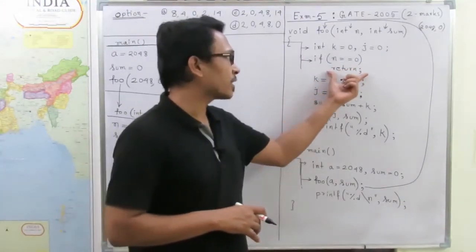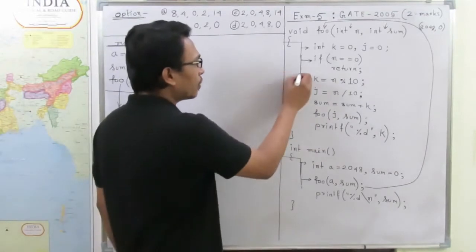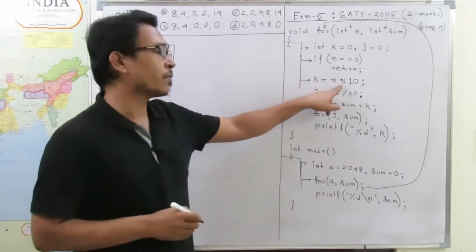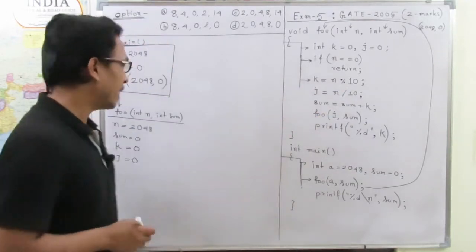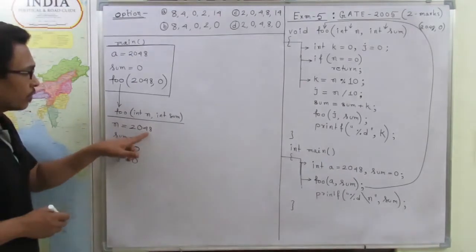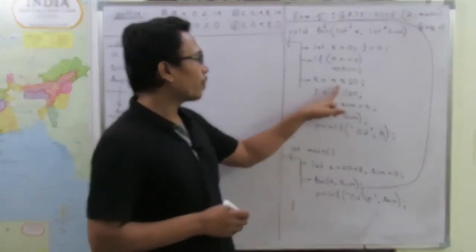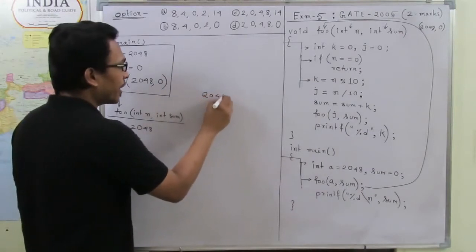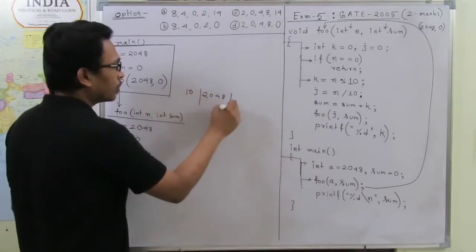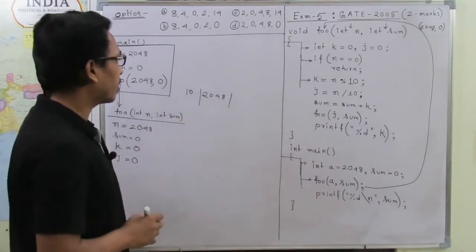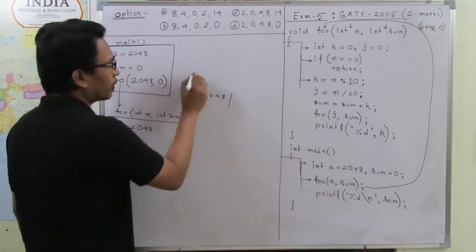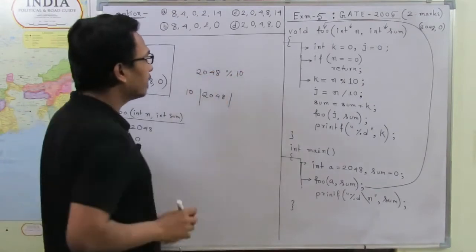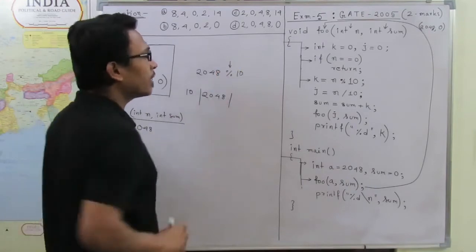That means this instruction will not execute and control comes to the next instruction. This is a modulo operation. The value of n is 2048, so 2048 modulo 10. The modulo operation always gives us the remainder.